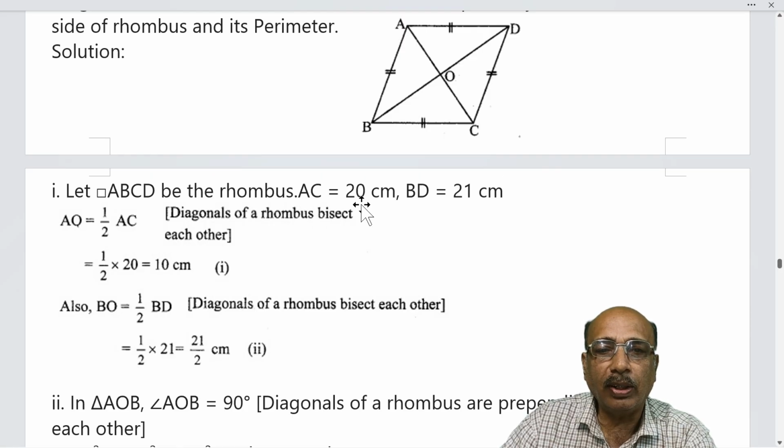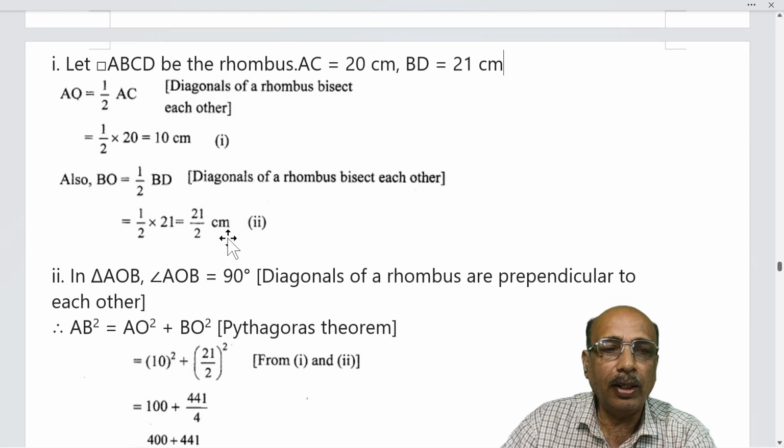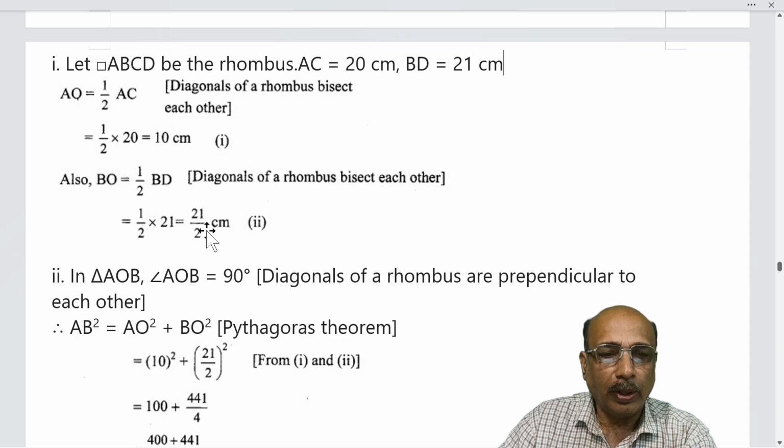So AC equals 20 centimeters and BD equals 21 centimeters. AO equals half of AC equals 10 centimeters. Similarly, BO equals half of BD equals 21 by 2, which you can write as 10.5 centimeters.